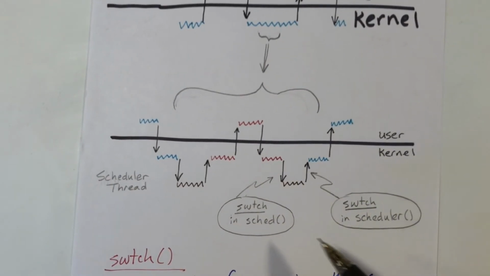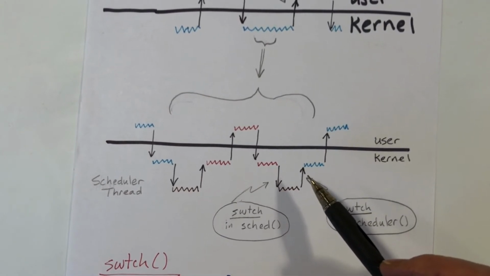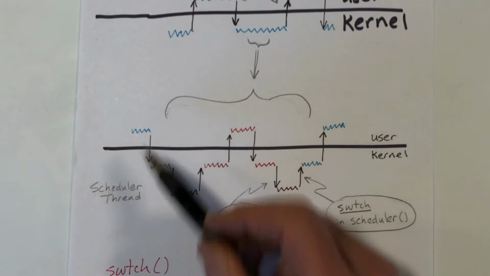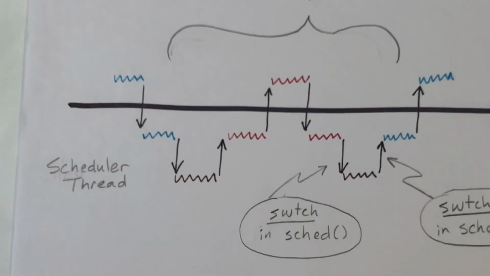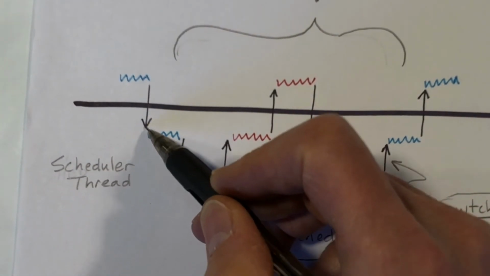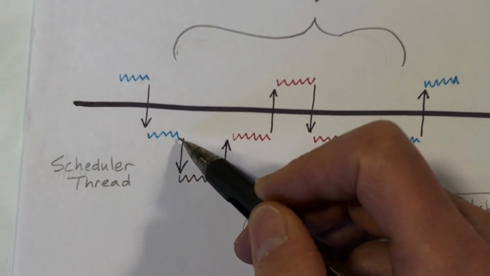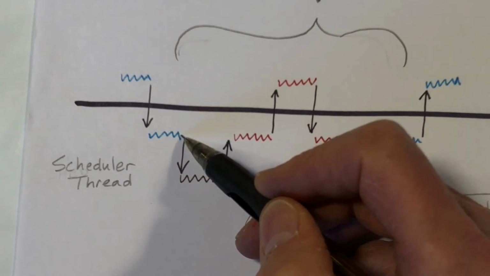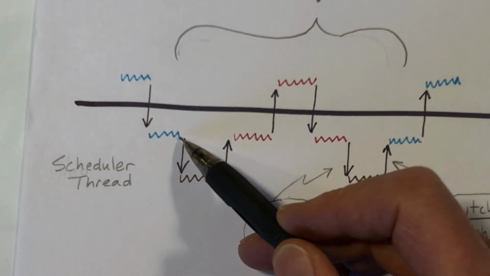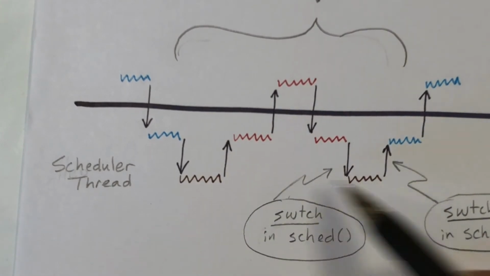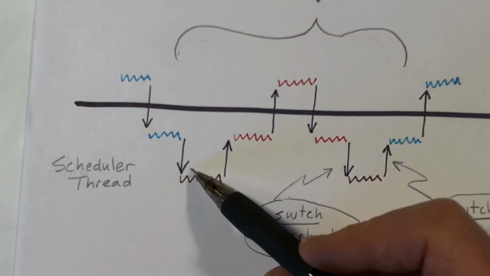So here I've drawn a slightly different situation. Here we are executing along in user mode, and we do our trap, and now we're executing in the kernel. But in some sense, it's the same process. We're not really in the scheduler thread yet. The scheduler thread is indicated in brown as a separate thread down here.